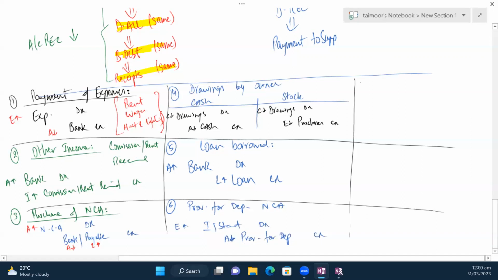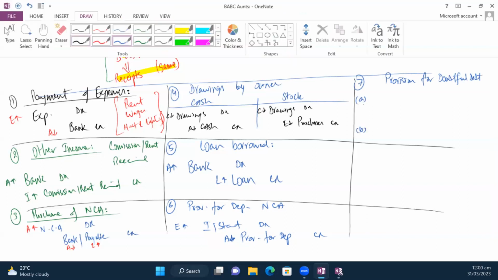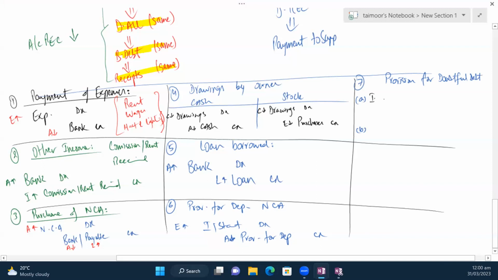Right? What is the entry for provision for doubtful debt? उसमें दो conditions होती हैं. Condition number 1 is if it is increasing or when it is decreasing.